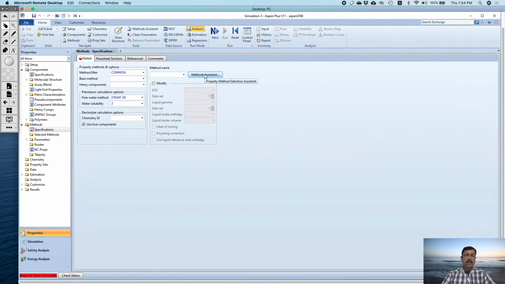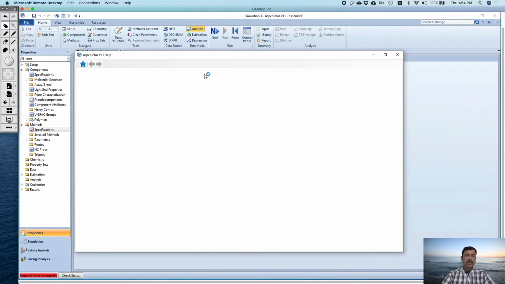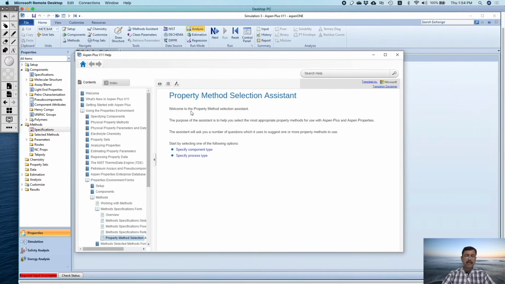If you click on it, it will open up. So this is the property method selection assistant, and you can start by selecting one of these two options. You can specify the component type or specify the process type.